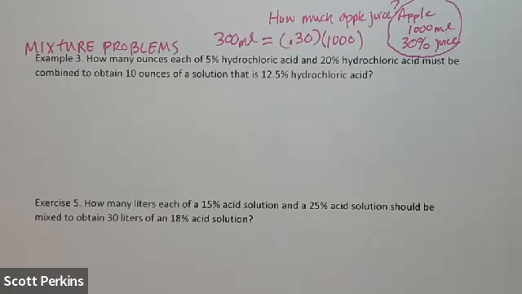So you don't have a 12.5% in your closet. All you have is 5 and 20, and I want to know, as I'm dumping the beakers into a bowl or whatever I dump beakers into, how much of each need to go into the bowl so that my output is 10 ounces of 12.5% so that I can do whatever experiment I'm going to do.